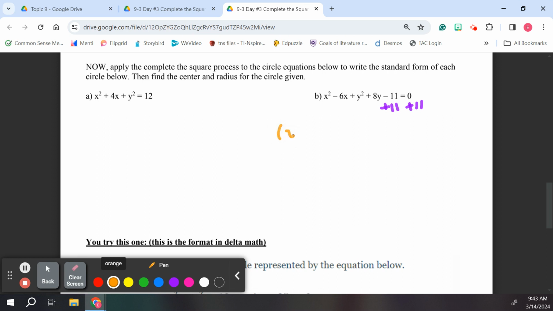So here I'm going to have x squared minus 6x plus, again, some value we're going to find, plus y squared plus 8y plus, again, some value. And I'm going to set that equal to 11 plus those two values.